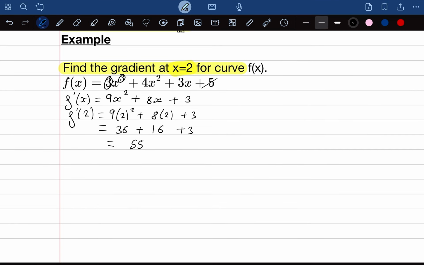The question could ask to find the equation of that line. So you know that the equation of a line is y equals mx plus c. There'll be more examples of these in another video, which I will be doing, but just to quickly run over it. So you know that m is going to be 55, and then you've got to work out c.